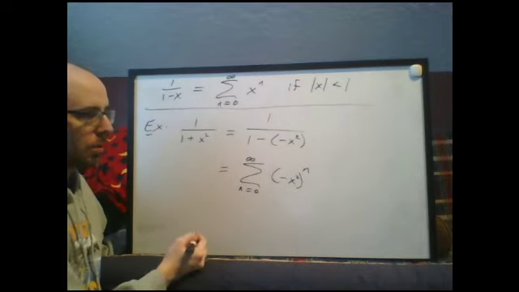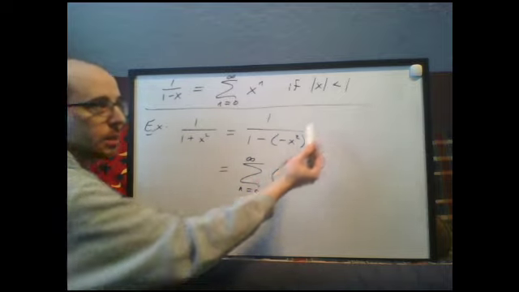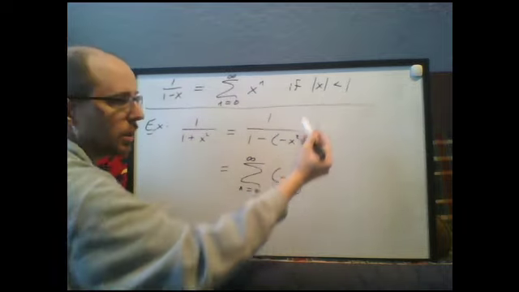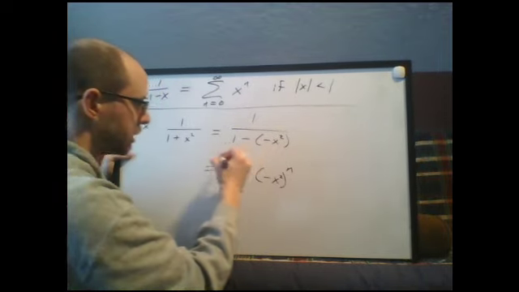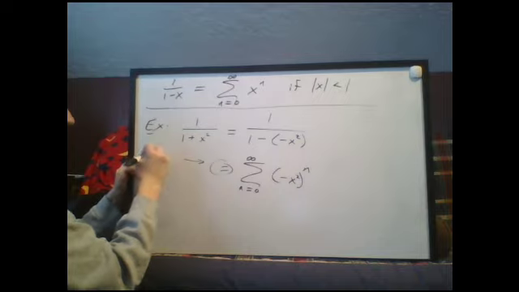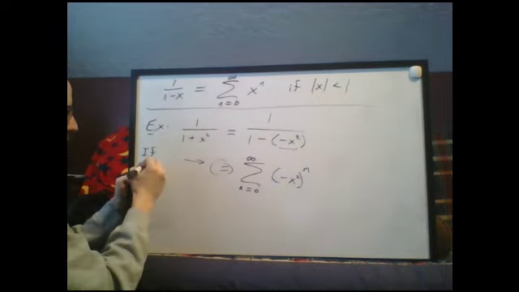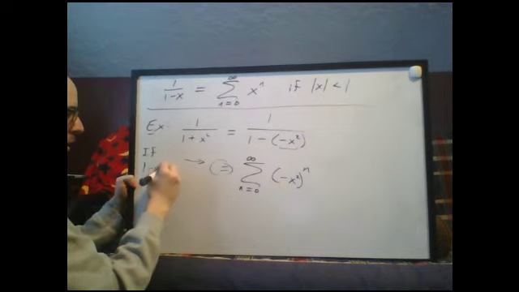Now we'll simplify that a little bit, but for this to be the same, whatever I'm plugging in for x has to satisfy this condition here. So this equality here only works if my input, negative x squared, has absolute value less than 1.